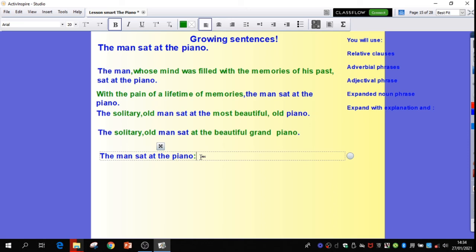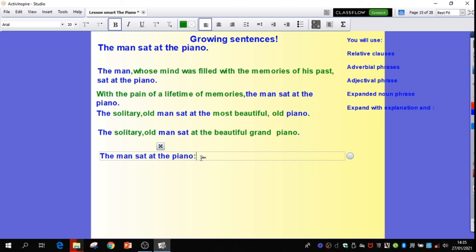Right. The man sat at the piano, colon. Why was he sitting at the piano? Okay, he sat at the piano, possibly he's doing it because he's ready to play his music. So the man sat at the piano. Now remember I said to you last week, that colon sounds like a because.